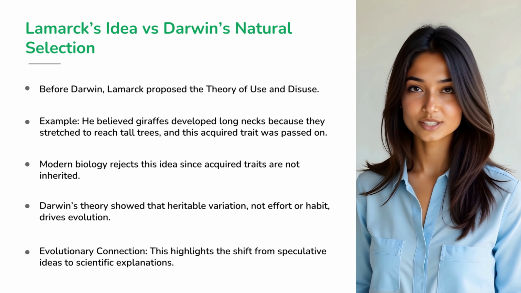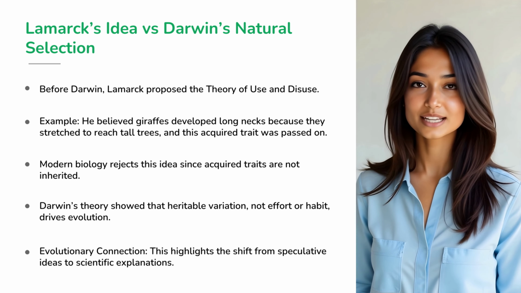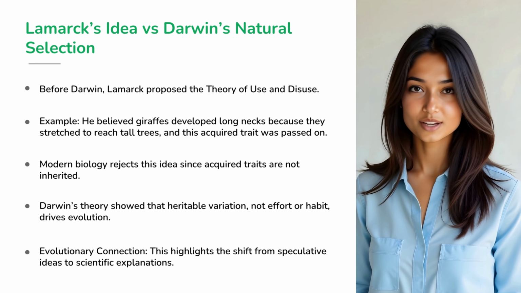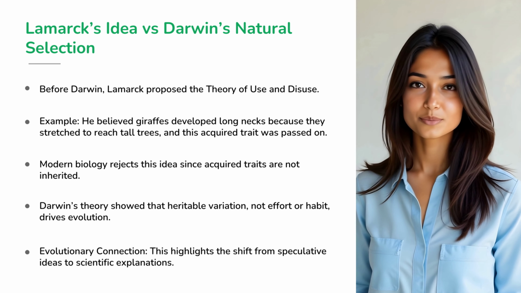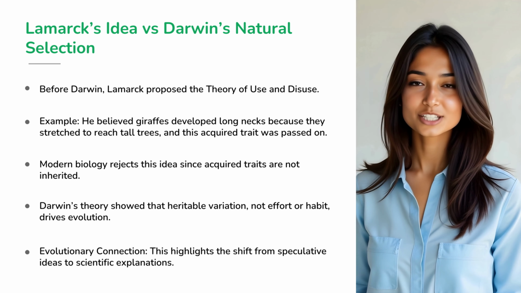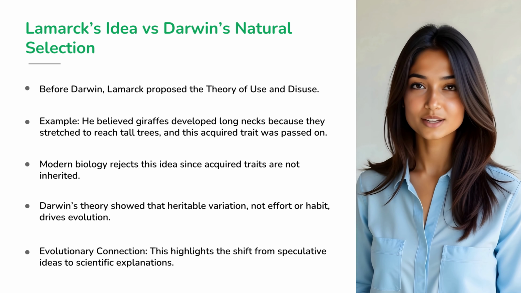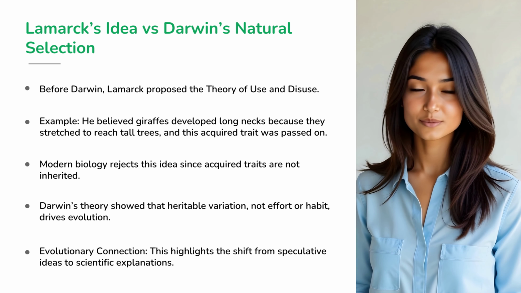But modern biology has shown that acquired traits are not inherited. If a blacksmith builds strong arm muscles, his children do not inherit those muscles. Darwin's natural selection explained it correctly: heritable variations, not acquired habits, drive evolution.